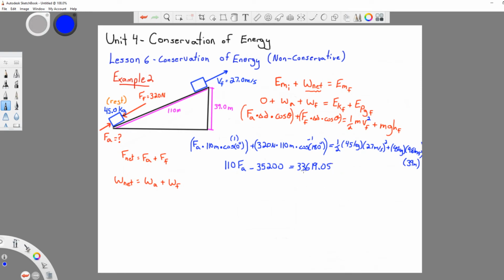We're going to flip this over, and I get 110 force applied is equal to 68,819 joules. Divide both sides by 110, and we get an applied force equal to 626 newtons. And that is the final answer to this question.